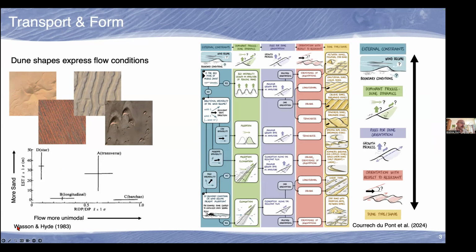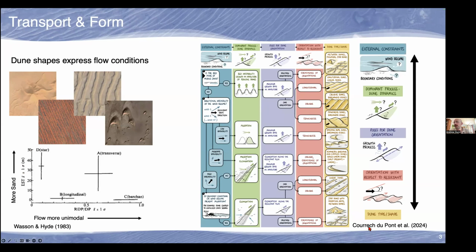In 1983, this paper showed that as you get more unimodal wind directions and more or less sand, you can populate this phase space of boundary conditions for bed forms with the types of morphologies that I just explained. Star dunes form when the winds are going all around in different directions, and there's a reasonable amount of sand, and so on, right?